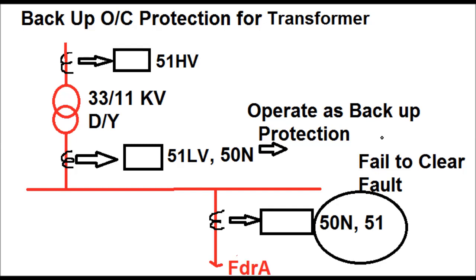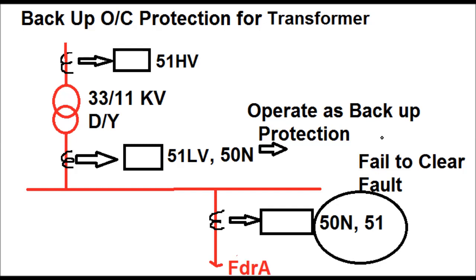Now under any abnormal condition, if the 50N or 51 of the feeder relay fails to clear the fault due to a problem of the relay or a problem of the circuit breaker associated with the feeder A, then only as a backup, the earth fault 50N of the LV side or star side of the transformer shall operate as a backup earth fault protection, and as a backup overcurrent protection, that is 51 LV, shall operate.